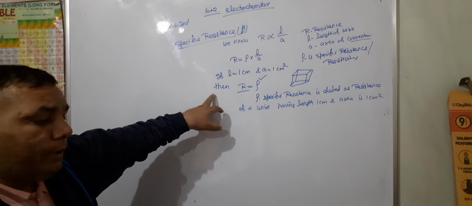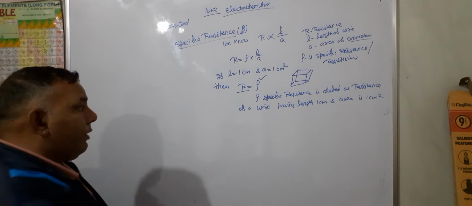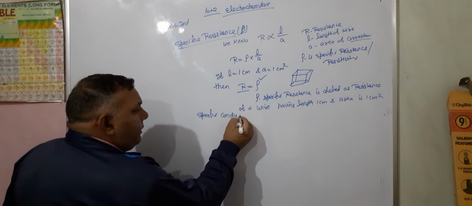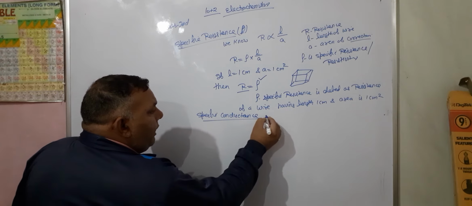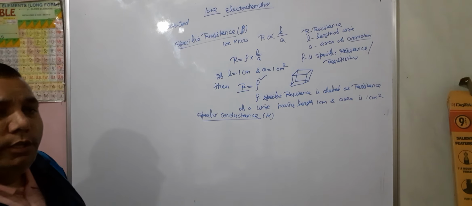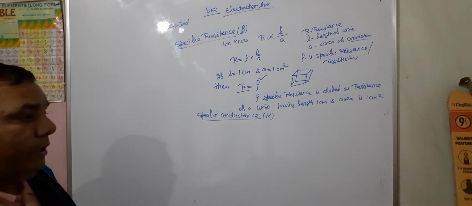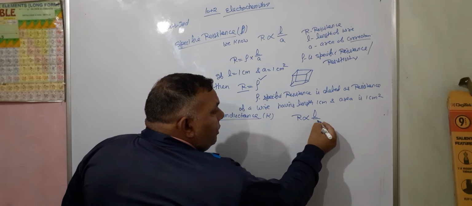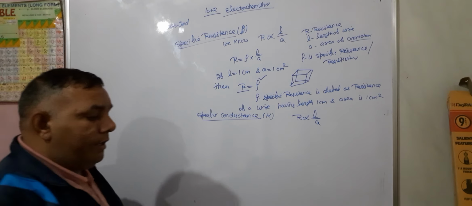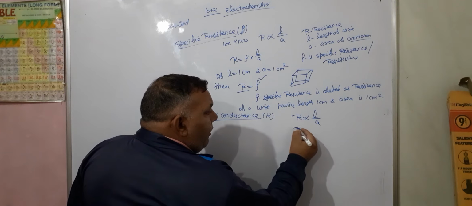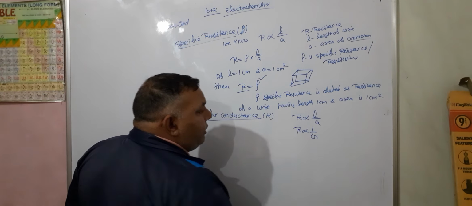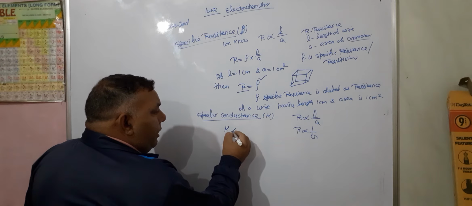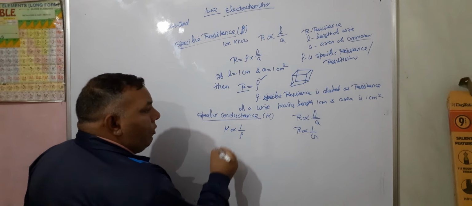Then what is the specific conductance? Specific conductance is denoted by K. And how will we define K? First of all, we know R is directly proportional to L by A, R is inversely proportional to 1 by G, and K is inversely proportional to 1 by rho.